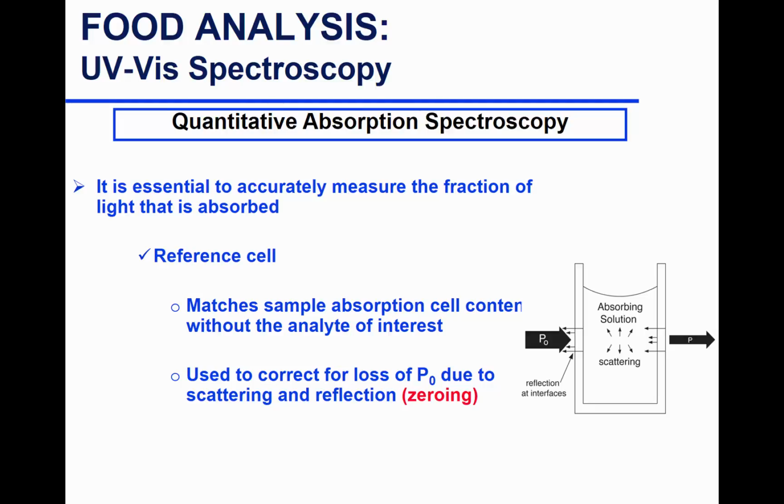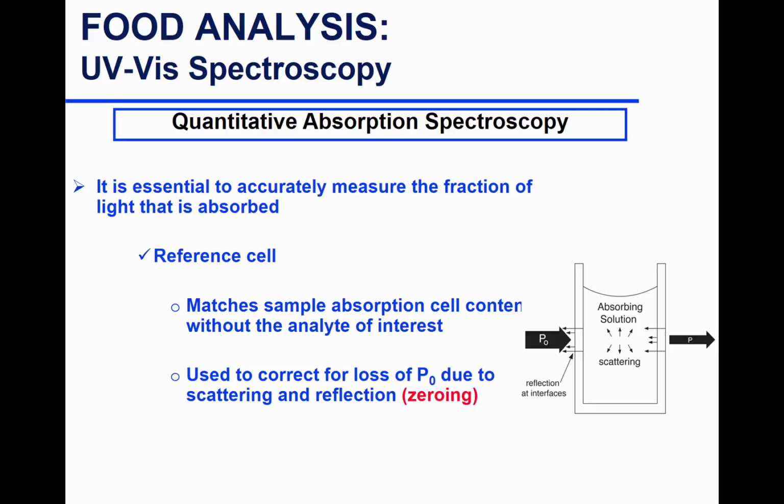So it's critical that we measure absorption accurately, taking into account other components in your sample. So if you have a reference cell, that means you have your spectrophotometer with a cell for a sample and then a cell for a reference. The reference will have almost everything you have in your sample except the analyte.